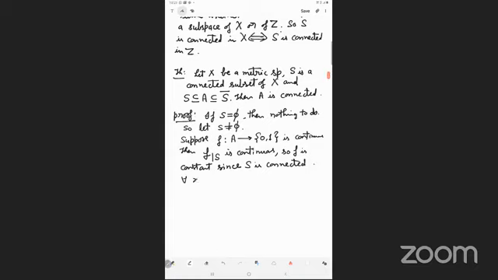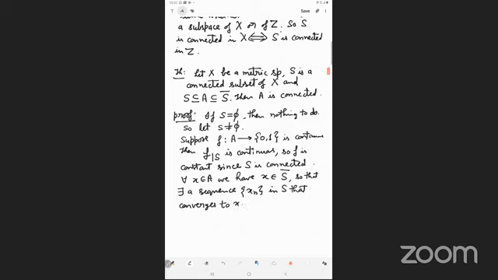Then for every x belongs to A, we have x belongs to S closure, so that there exists a sequence xn in S that converges to x.